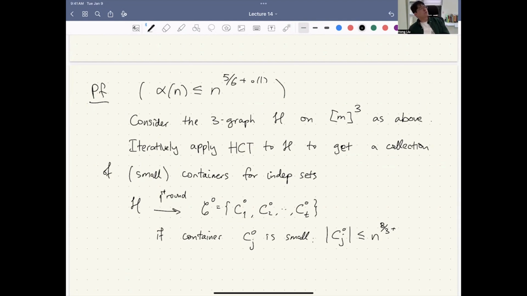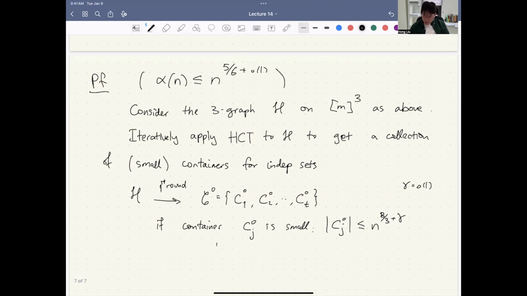Did I use delta before? Okay, let's use gamma. Gamma is small. Then we stop. We leave it as it is.